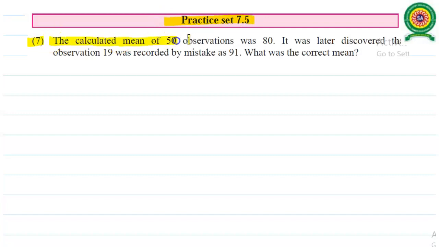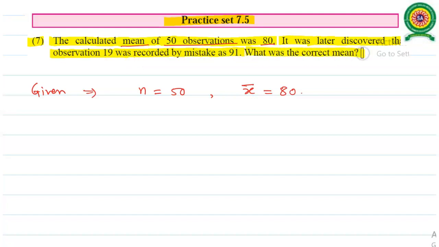The calculated mean of 50 observations was 80. Simultaneously I am writing the given data. We have 50 observations, so the value of n is 50, and the mean is 80. The mean is denoted by x bar. It was later discovered that observation 19 was recorded by mistake as 91.